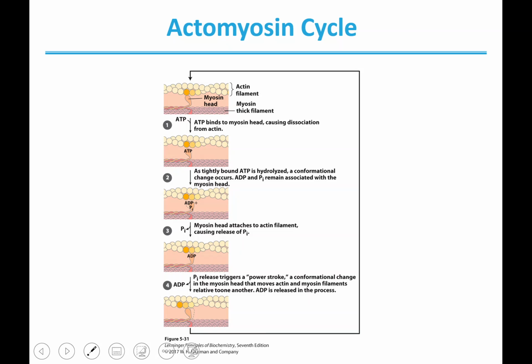Okay, and ADP is released in that process. And so then it starts all over again. After one cycle, we're not attached to the dark orange anymore. We're attached to that actin molecule next to it, but this cycle can be repeated. And you can see that by doing that cycle, you're going to use a very large amount of ATP.